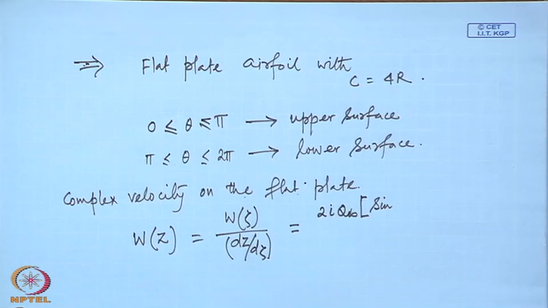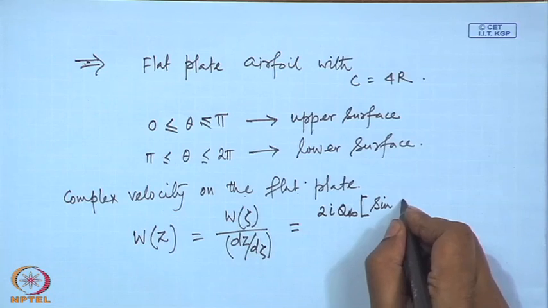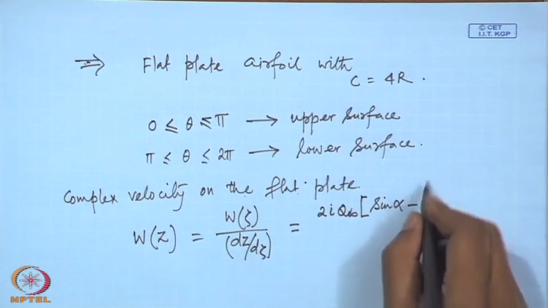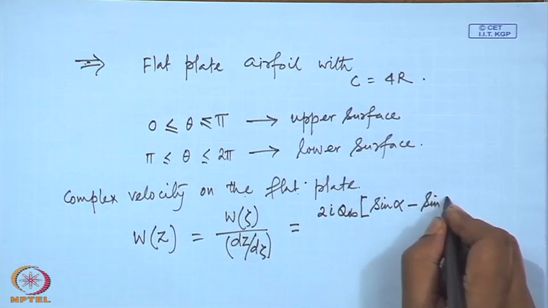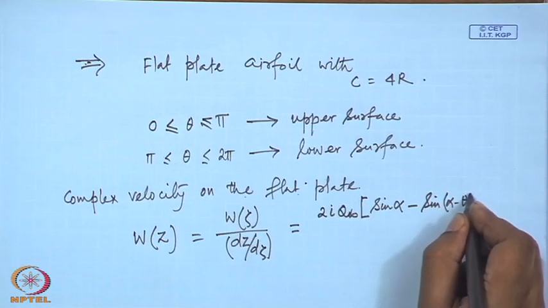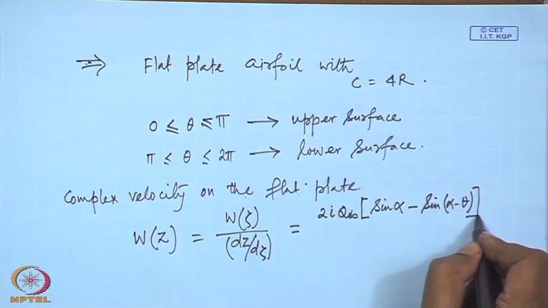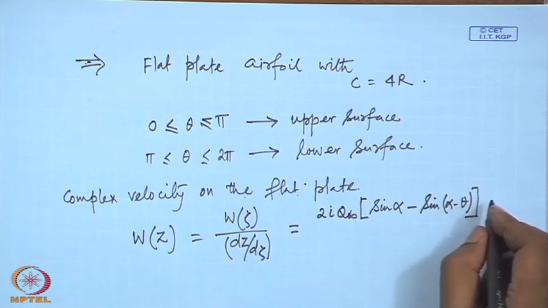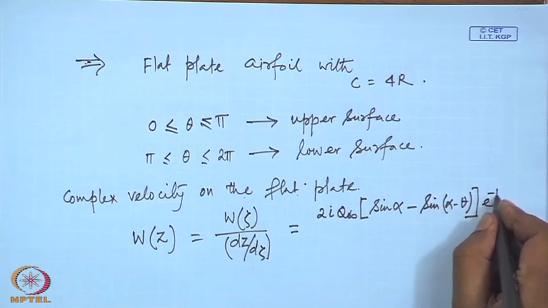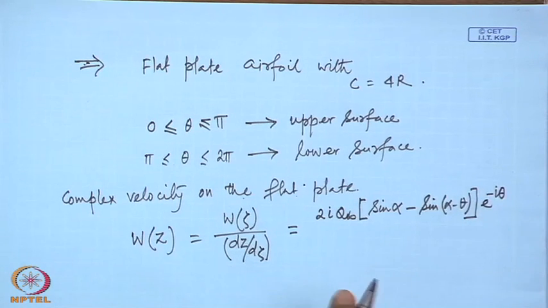Beta is 0. Beta is the angle that the line that joins center to the trailing edge point, or the center to the critical point, makes with the x axis. In this case, the center itself is on the x axis. So, that beta is 0. So, this becomes sin alpha minus theta into e to the power minus I theta.